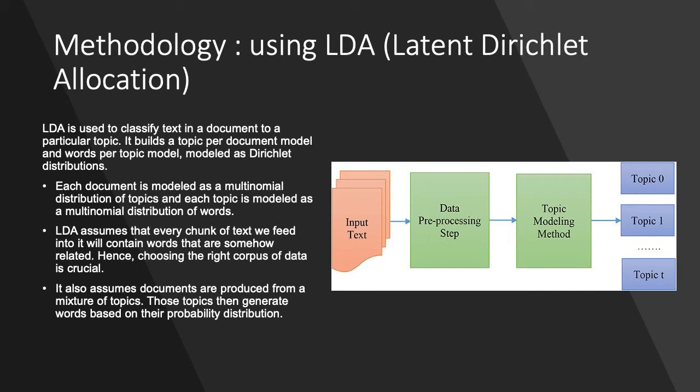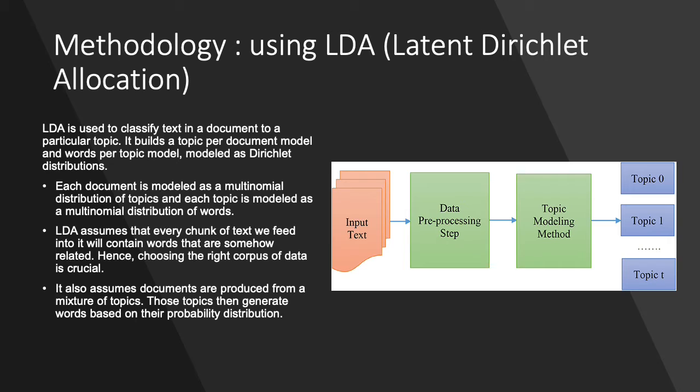LDA assumes that every chunk of text which we feed into it will contain words that are somehow related, which is why we also do some pre-processing on the data. This also emphasizes that choosing the right corpus of data is crucial, because every chunk of text is taken into consideration when we use LDA. It also assumes that documents are produced from a mixture of topics.